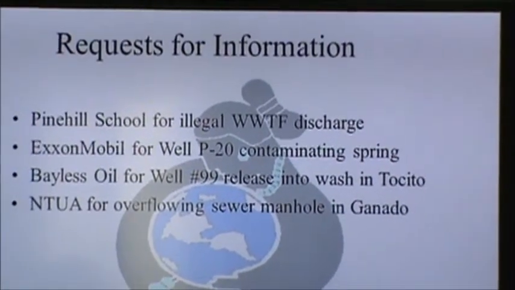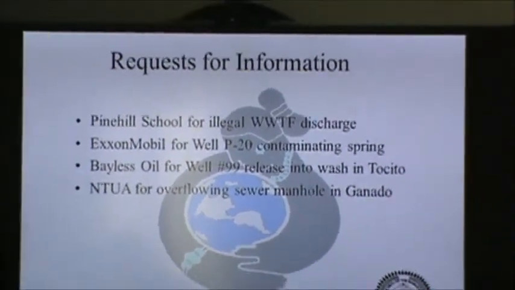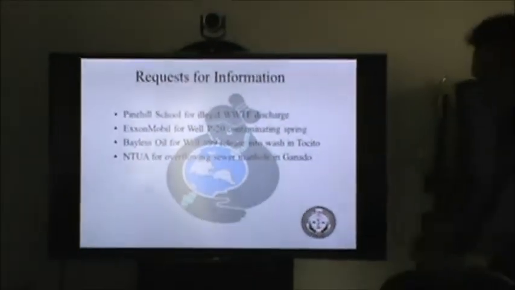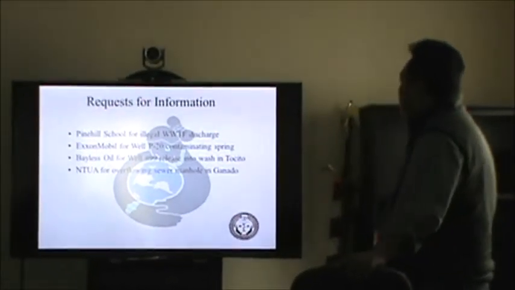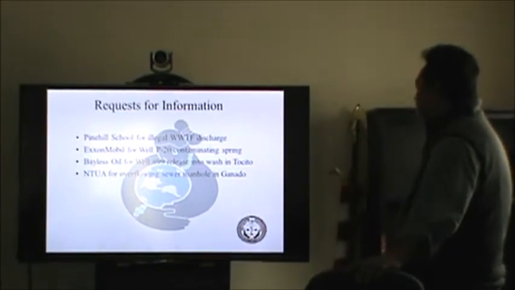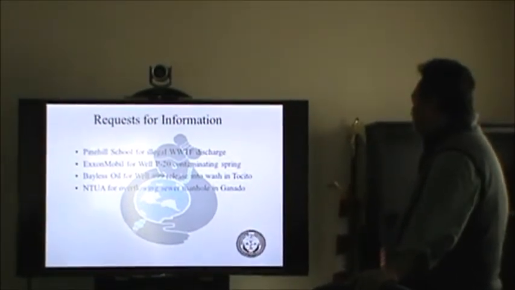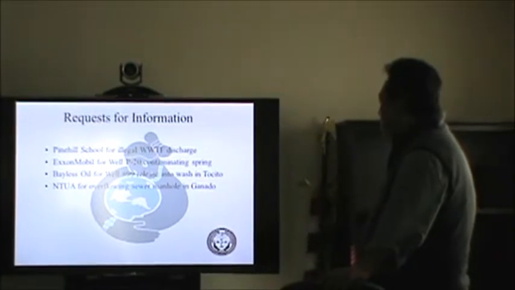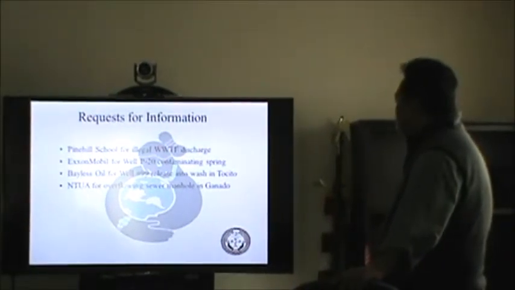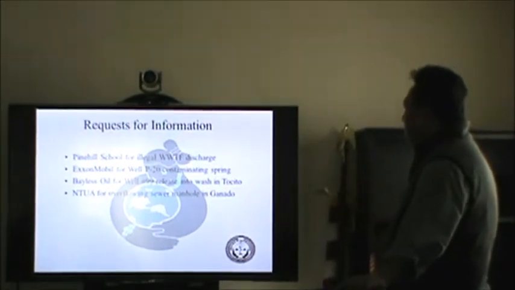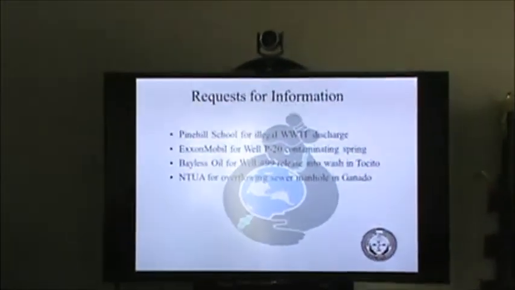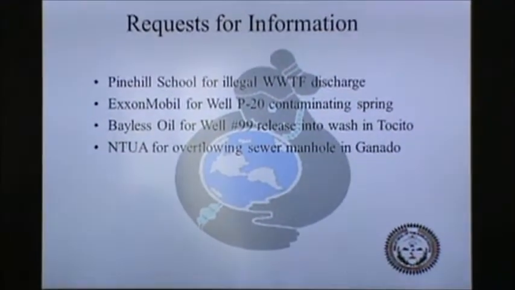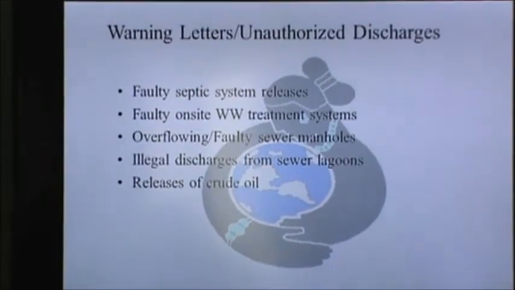ExxonMobil in Aneth, they had a problem with one of their oil wells, where there was a cracked casing. It was contaminating groundwater in the spring. In this BS oil operation in Tohatchi, they had a problem with oil being released, so we had to ask for information. In NAPI, they had an overflowing sewer manhole near the Hunters Point treatment plant. So again, this is requested information.